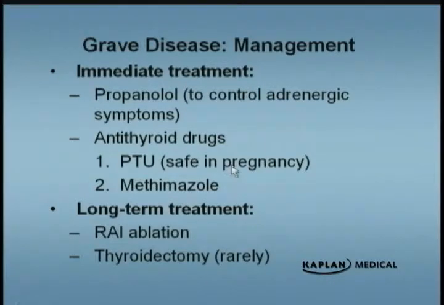So some people like methimazole a little bit better because of this possibility, although it hasn't been substantiated very well, but it is believed that this is the case. But really, to make a long story short, both of these are equally effective.